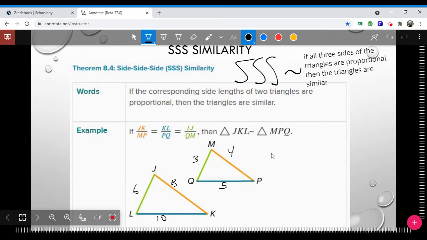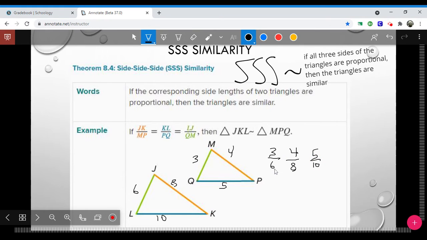Then the work you're going to show is the proportion. So green is to green here, as orange is to orange here, as blue is to blue here. So you would show the proportional sides.